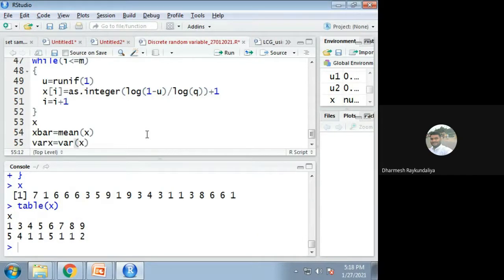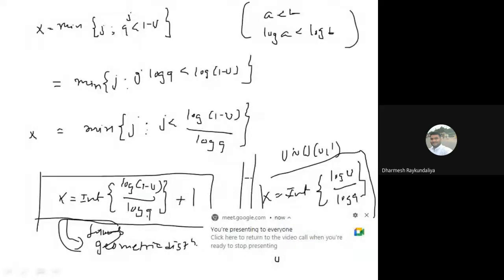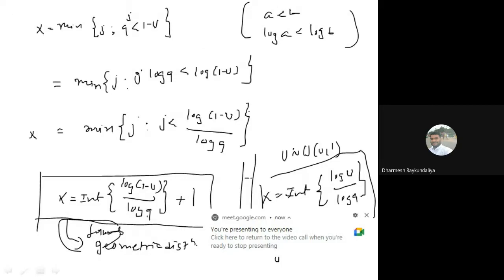And what is the relation between the mean and variance in the geometric distribution? Expectation of x equals q by p, and variance is q by p square.